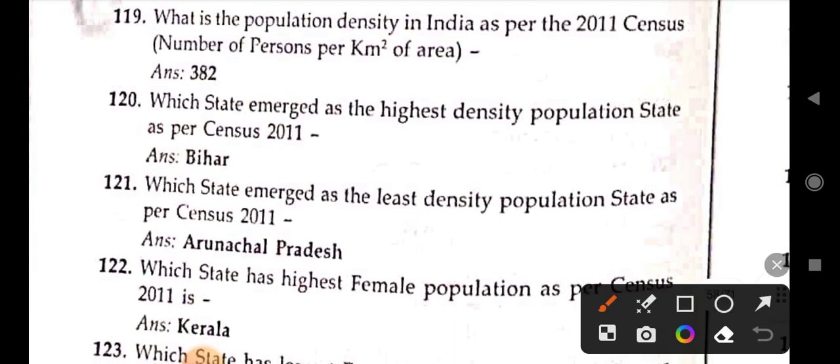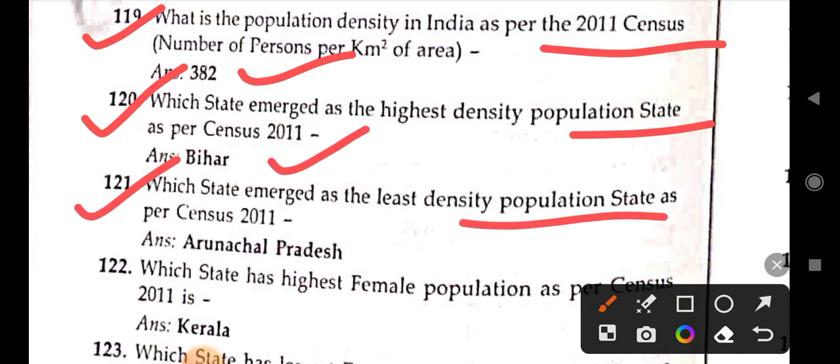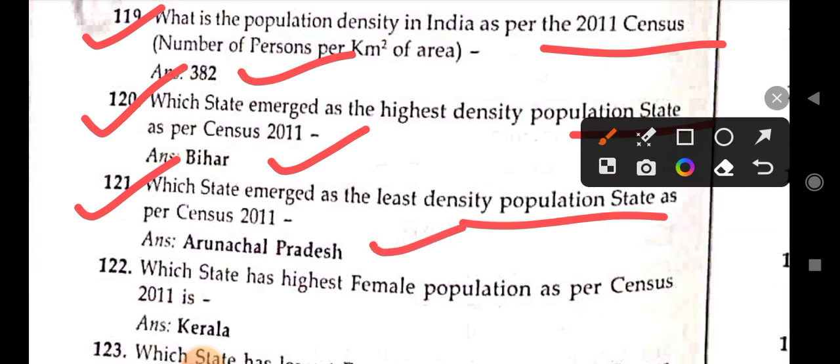Next, what is the population density in India as per 2011 census? Number of persons per square kilometer area, 382. Which state emerged as the highest density state in census 2011? Bihar. Which state emerged as the least density state as per census 2011? Arunachal Pradesh. Which state has the highest female population as per census 2011? Kerala.